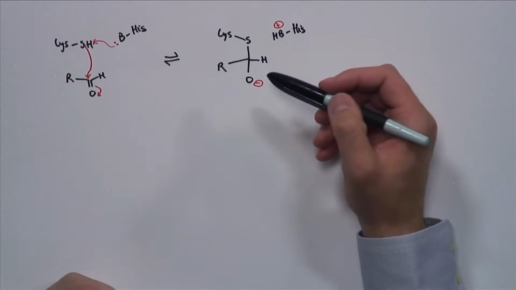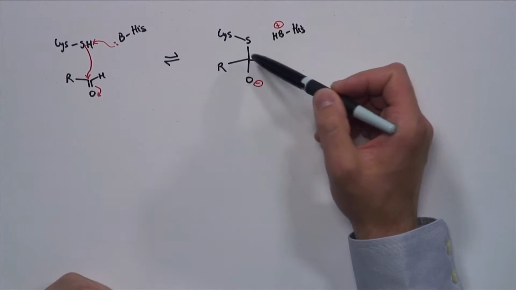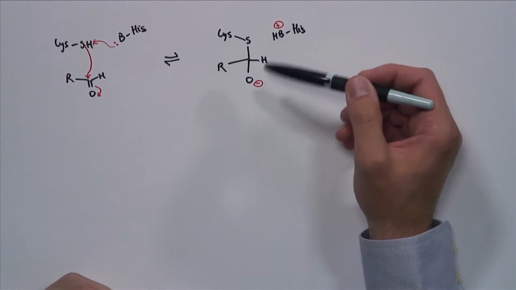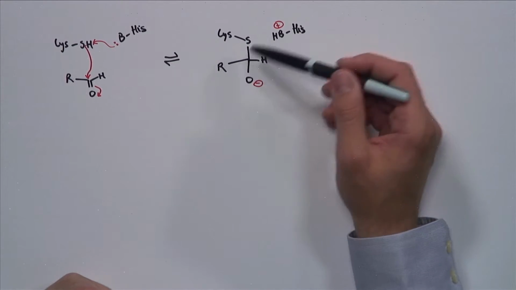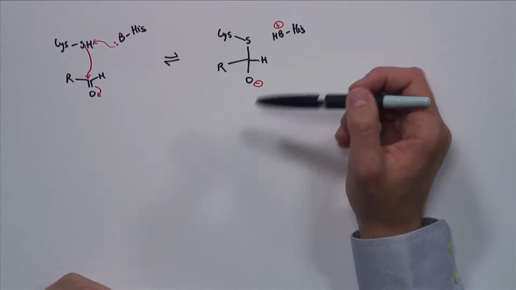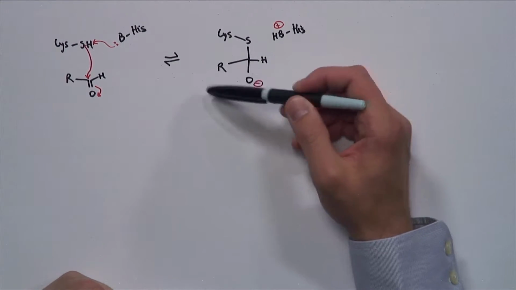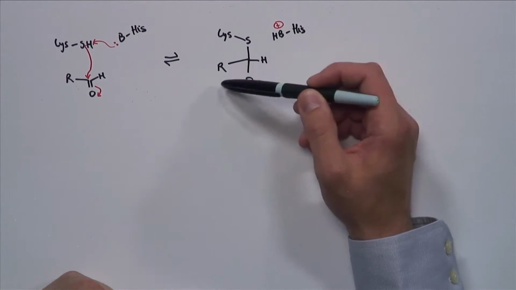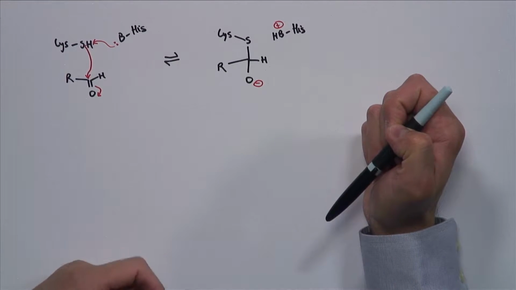Now, normally the reaction would proceed from here to form a thioester. But because this is an aldehyde, the reaction stops here. And that's how the enzyme will be inhibited, because we have now bound this inhibitor, covalently bound in the active site to this cysteine.